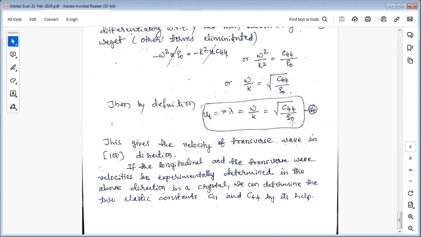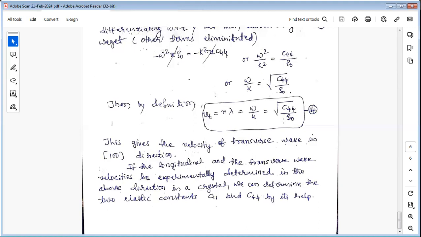In this way, I got an expression for the velocity of a transverse wave in the x direction and the velocity of a longitudinal wave in the x direction. If the longitudinal and transverse wave velocities are experimentally determined in the above direction in a crystal, we can determine the elastic constants C11 and C44.